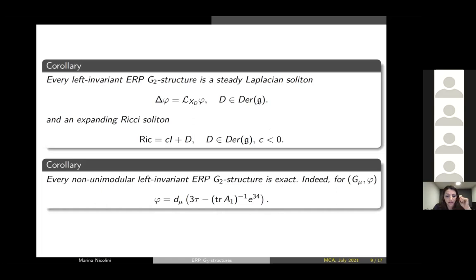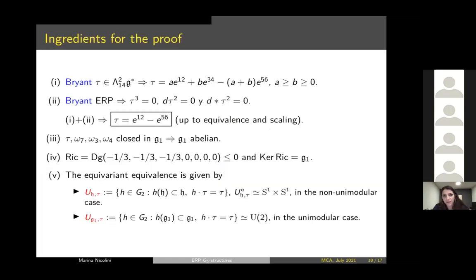And okay, these are the ingredients we use in the proof, and it's a very technical proof because it's a very technical theorem, but mostly we use some of the properties that Bryant proved for the torsion of an ERP G2 structure.